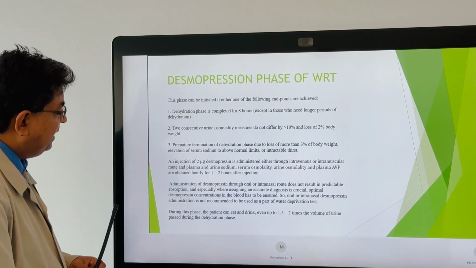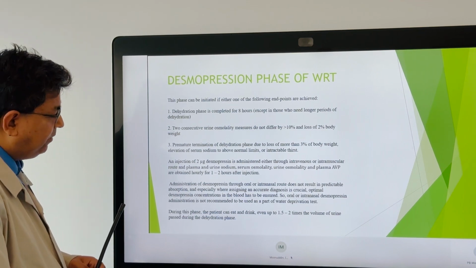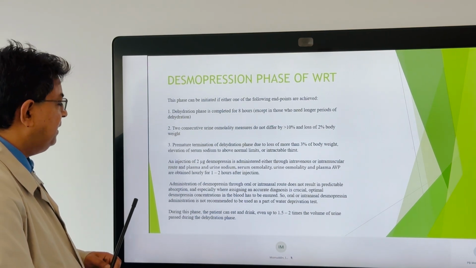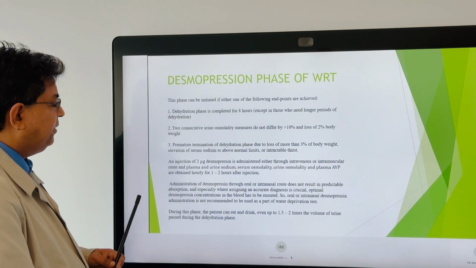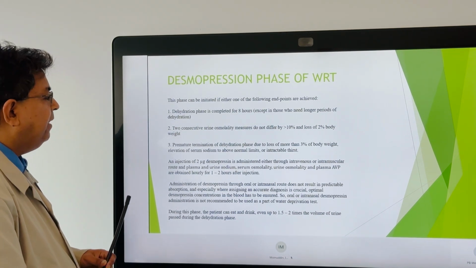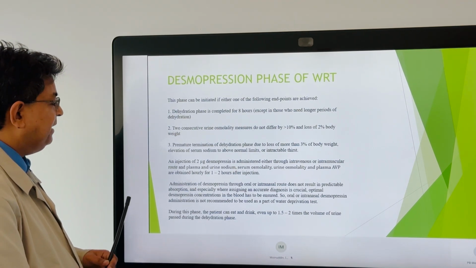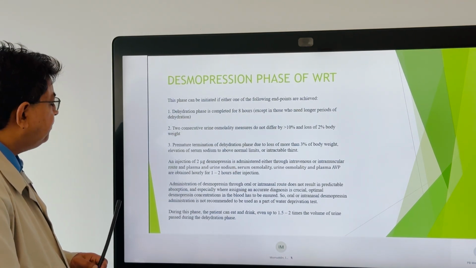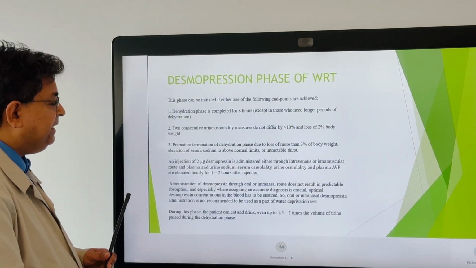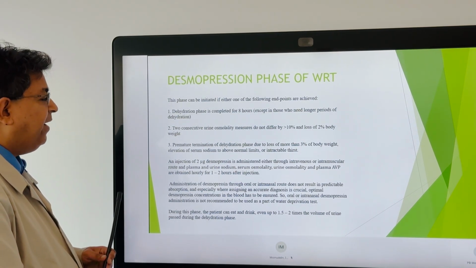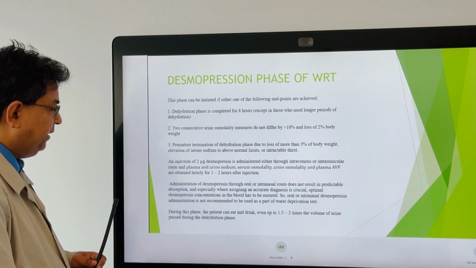Desmopressin administration through oral or intranasal route does not result in predictable absorption, and an accurate diagnosis is crucial. Therefore, oral or intranasal desmopressin administration is not recommended. During the desmopressin phase, the patient can eat and drink, even up to 1.5 to 2 times the volume of urine passed during the dehydration phase.